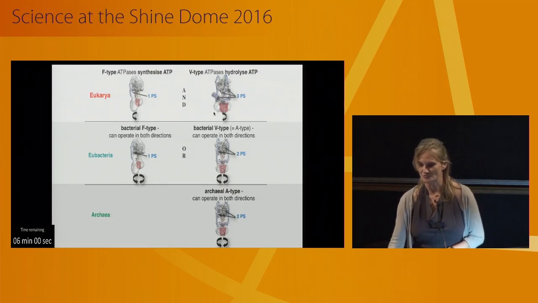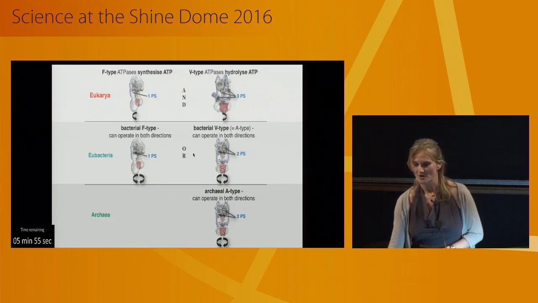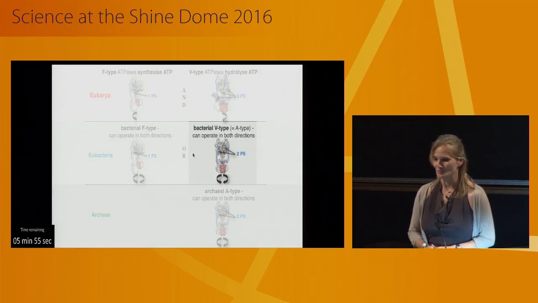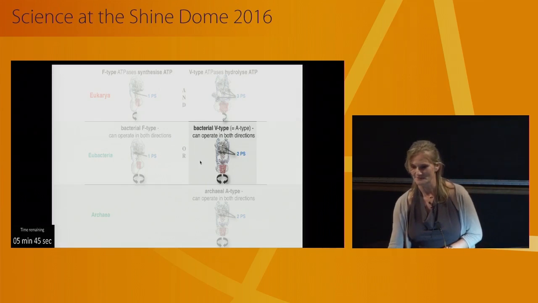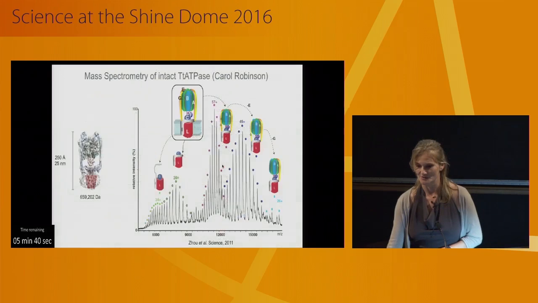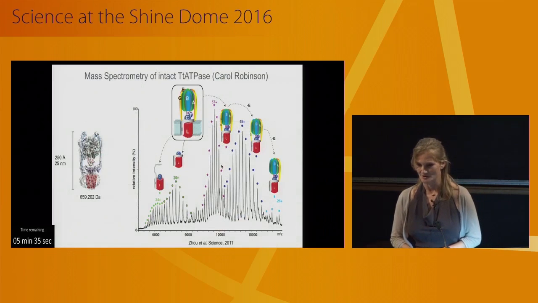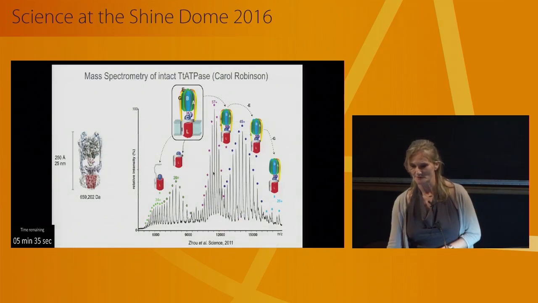Now, because thermophilic bacteria produce very stable proteins, we've used Thermus thermophilus A-V-type ATPase and have focused on this very stable complex that is stable and functional in isolation. So in a collaboration with Carol Robinson in Oxford, we have established mass spectrometry, and we confirmed that this A-V-type ATPase has 2 peripheral stalks.